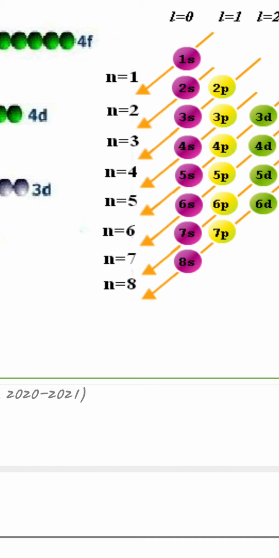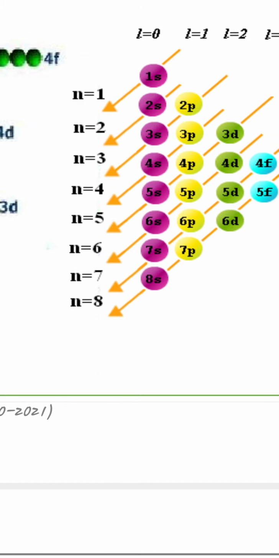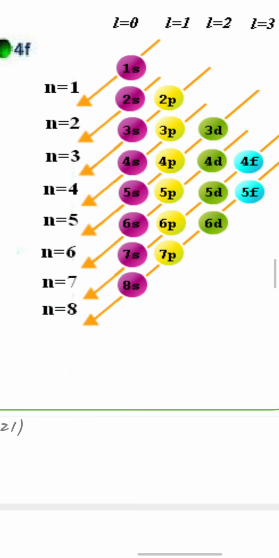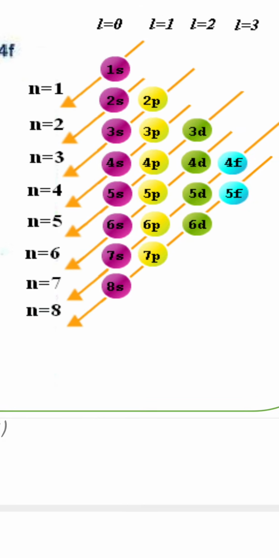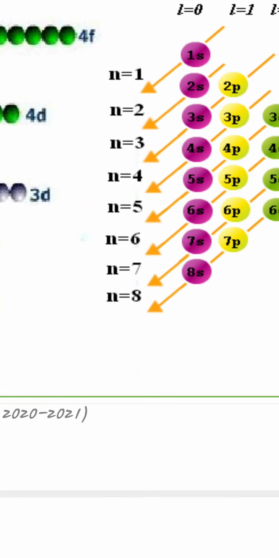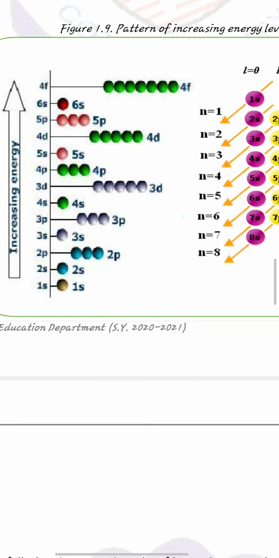By using this pattern, it's very easy na. But in examination and in my oral recitation, hindi ko kayo papayagan to use the pattern. So you have to memorize or familiarize the sequence on how you can get the electronic configuration.